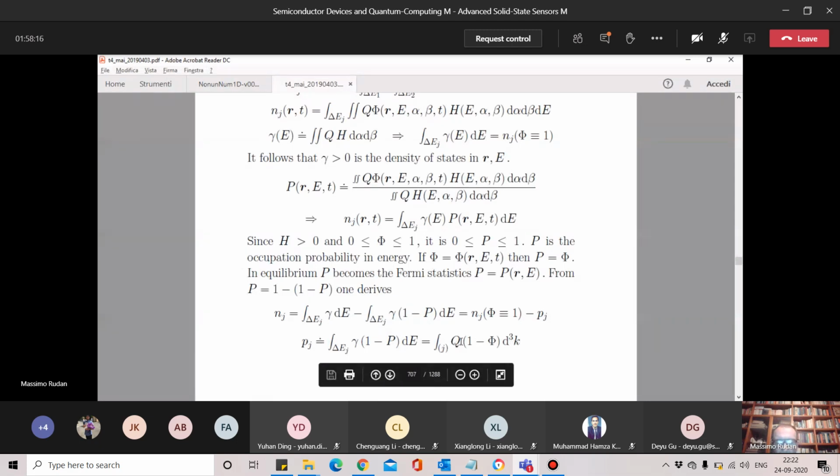So this integral of q times 1 minus phi is an integral over k, so it must be carried out over the Brillouin zone, but we consider only the energies of a single band, band number j. This is the reason for the symbol j in parentheses that you can see here. So these two definitions, one using gamma and p and the other one using q and phi, are fully equivalent to each other.